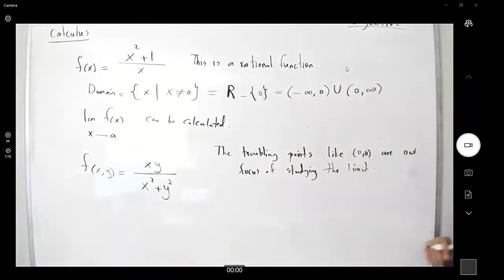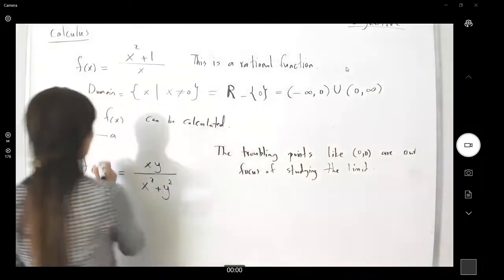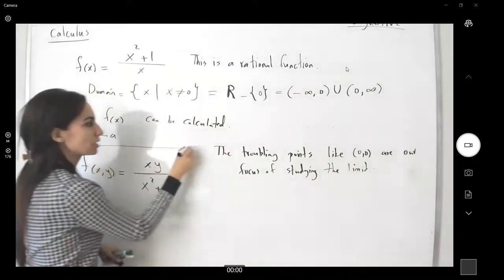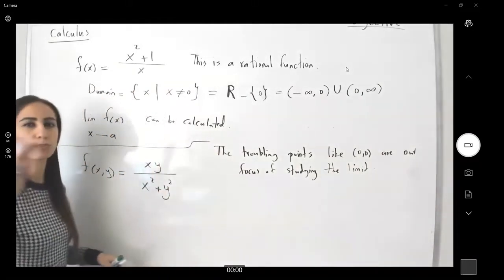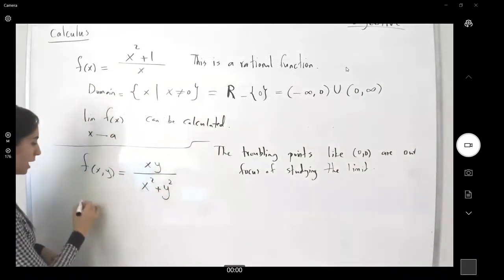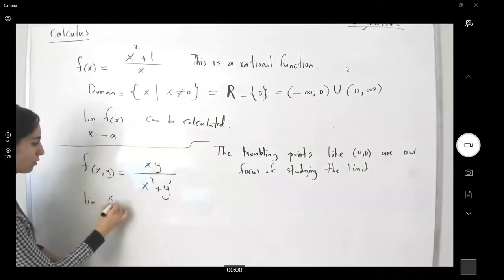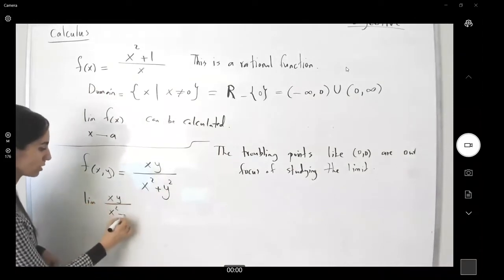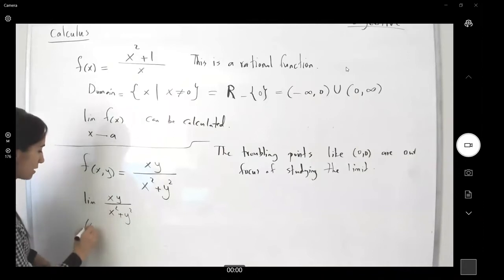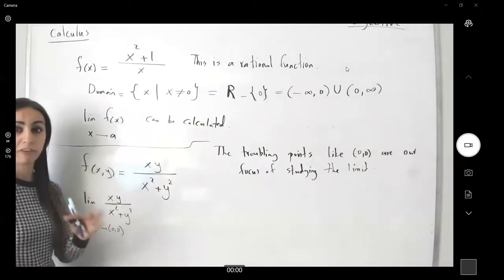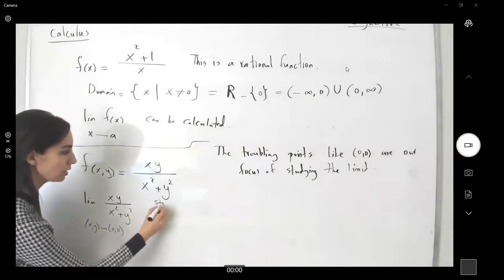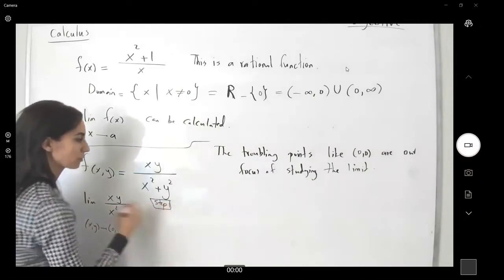Okay, remember that when we are calculating the limit of functions, the very first step is to plug in the value. If I ask you to find the limit of xy divided by x squared plus y squared as x and y approach 0 and 0, the very first step, step 1, is substitution.